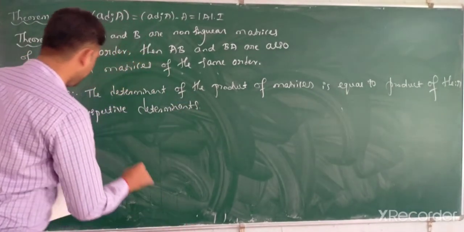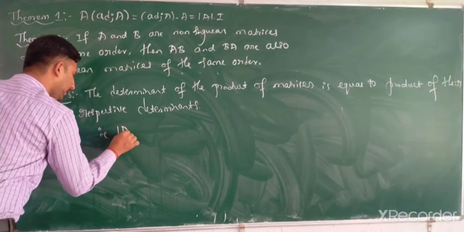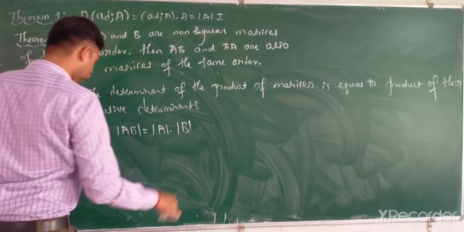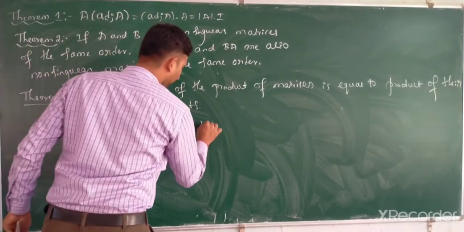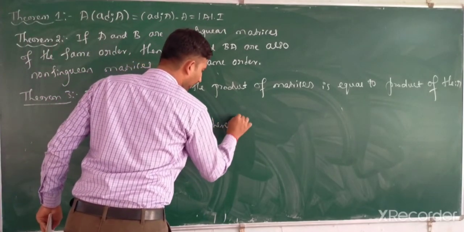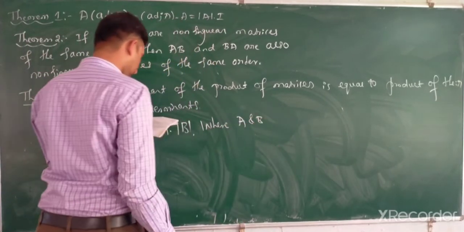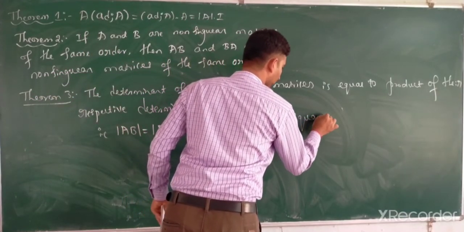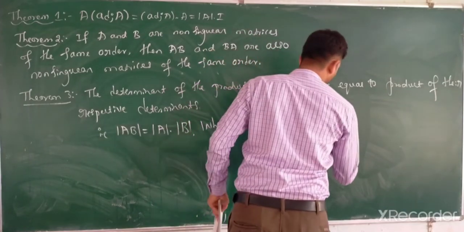That is, determinant of AB is equal to determinant of A into determinant of B, where A and B are square matrices of the same order.